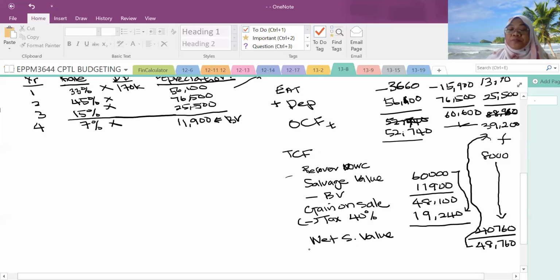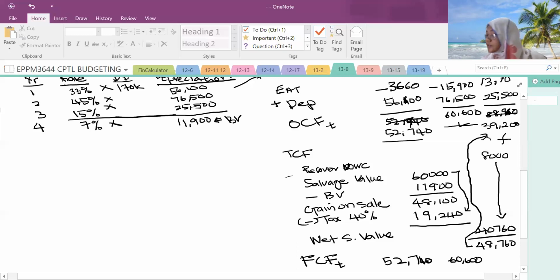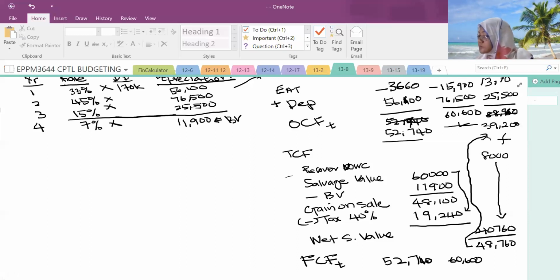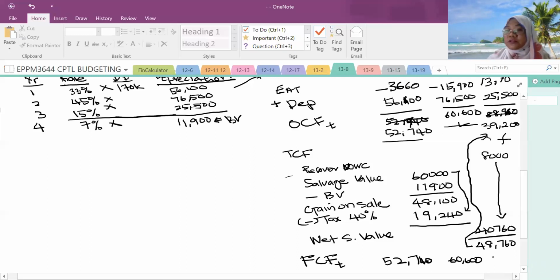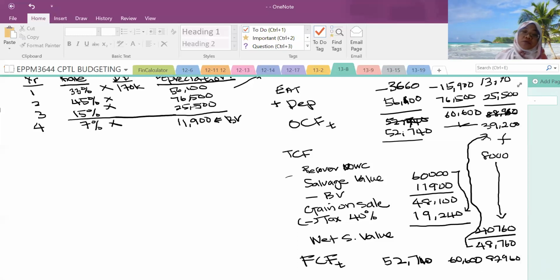So basically, your free cash flows would be 52,740 for the first year, 60,600 for the second year, and 87,960 for the third year.